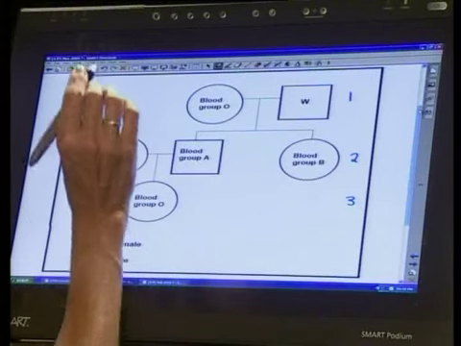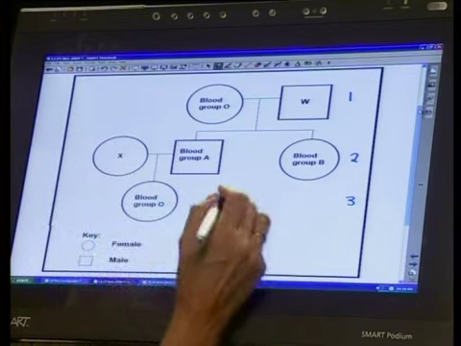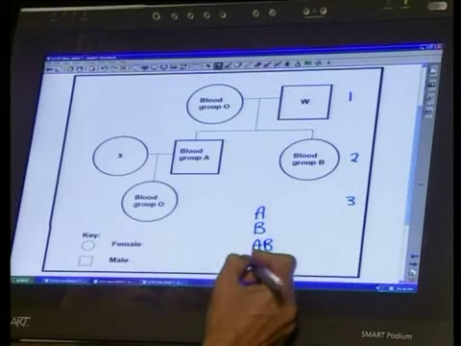Now the first thing we need to do is make a little note for yourself here on the side, because remember this is your paper, you can write on it. We have blood group A, blood group B, blood group AB, and blood group O. Those are the 4 blood groups.